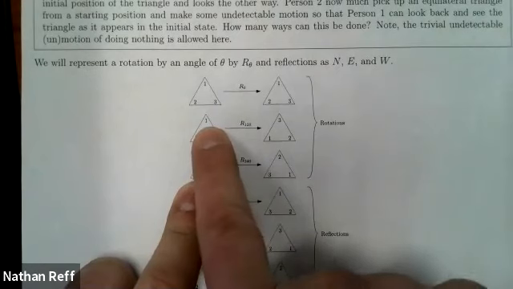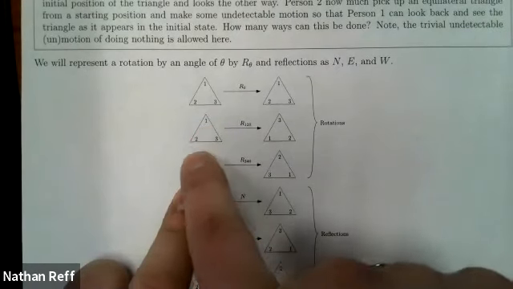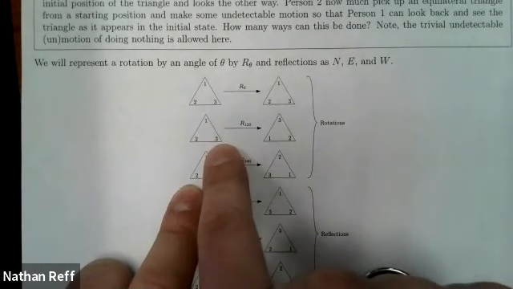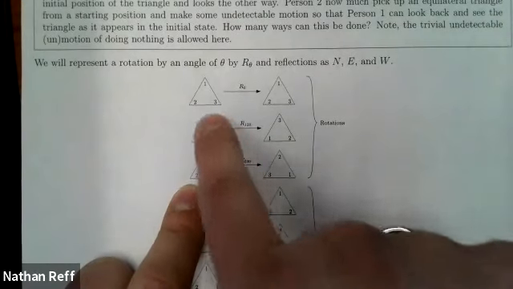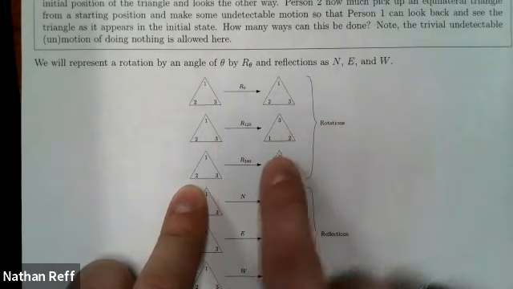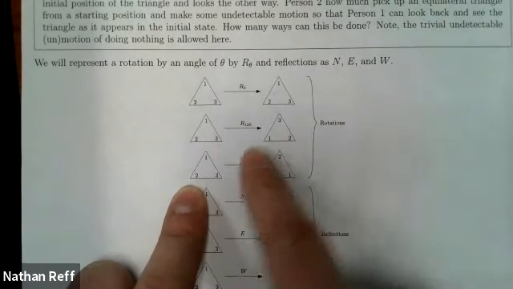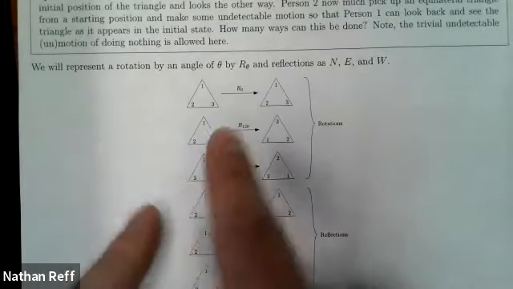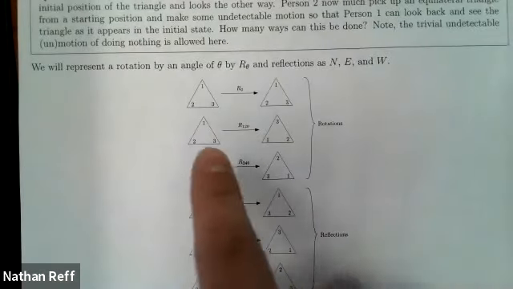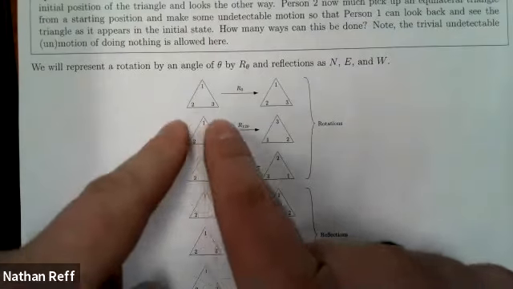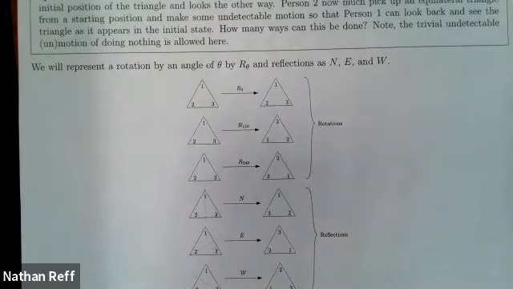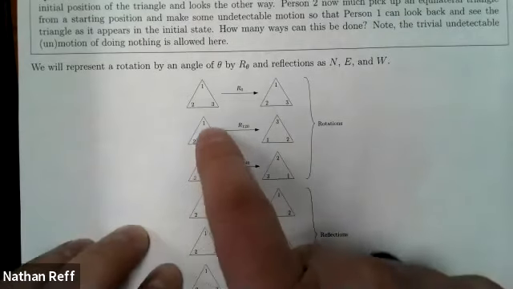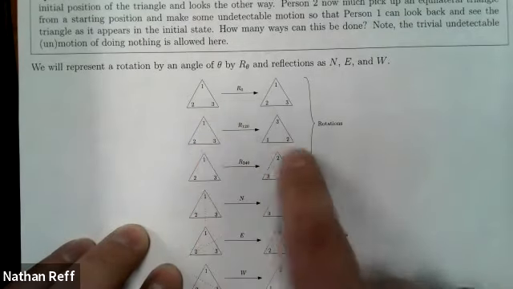Vertex 1 will move into the position where vertex 2 is, vertex 2 will move into the position where vertex 3 is, and 3 will go to 1. So you would get this triangle. Of course, you would actually have a rotated labeling there, but the numbers are just telling you where that vertex was and where it ends up. Do you agree that if you rotated by 120 degrees, it would look like this? 1 would go to 2, 2 would go to 3, and 3 would go to 1.